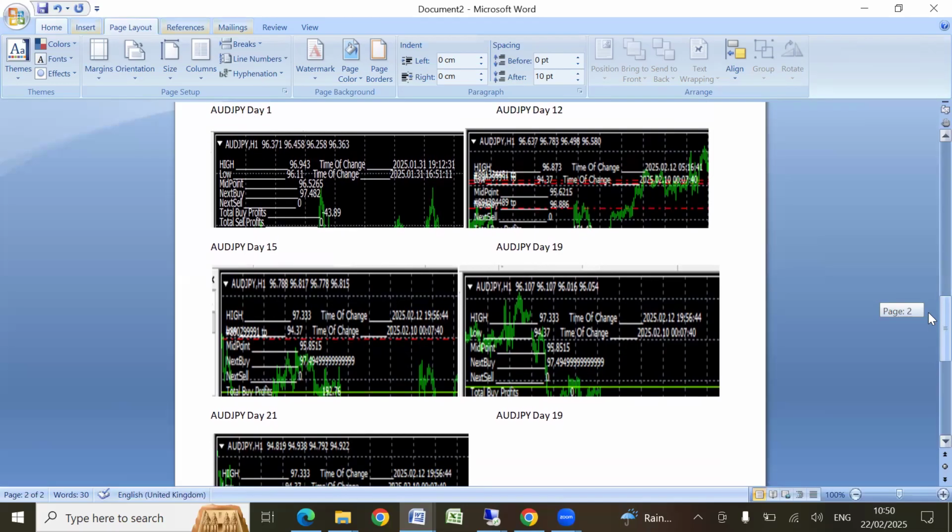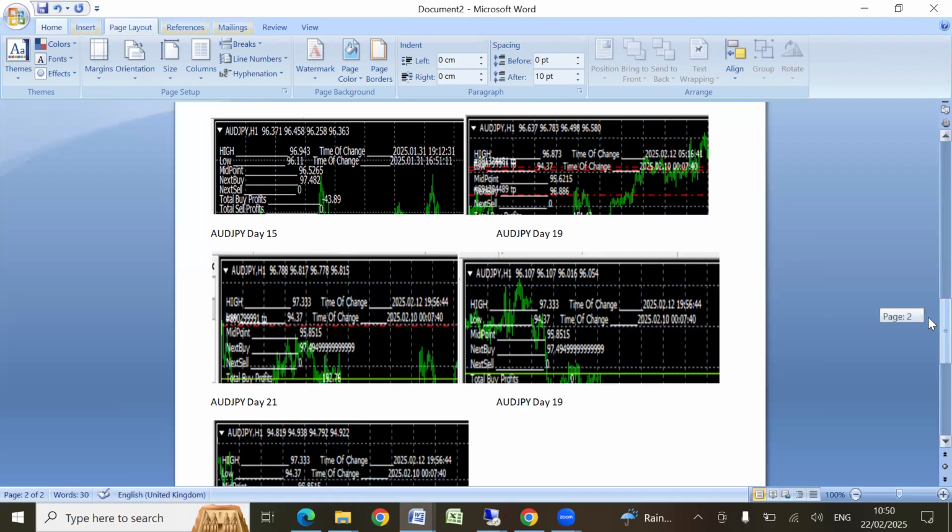So let's also look at when it got to the highest point. You can see, like I told you, on the 12th, the highest point was still 96.943. On the 15th, the highest point has moved to 97.33, which was achieved on the 12th. And that was the highest until the 21st.